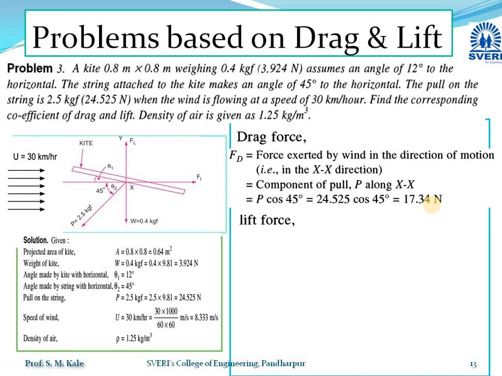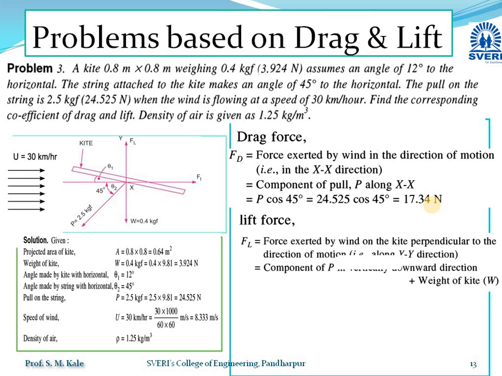Second one, lift force. Lift force is the force which is acting perpendicular to the direction of motion. So here weight is already acting in the vertically downward direction, and the second one is the pull, one component of which will be acting in the vertically downward direction. If I combine both the components, then I will get the total lift acting on the kite. So FL is the force exerted by wind on the kite perpendicular to the direction of motion, that is along the YY direction.